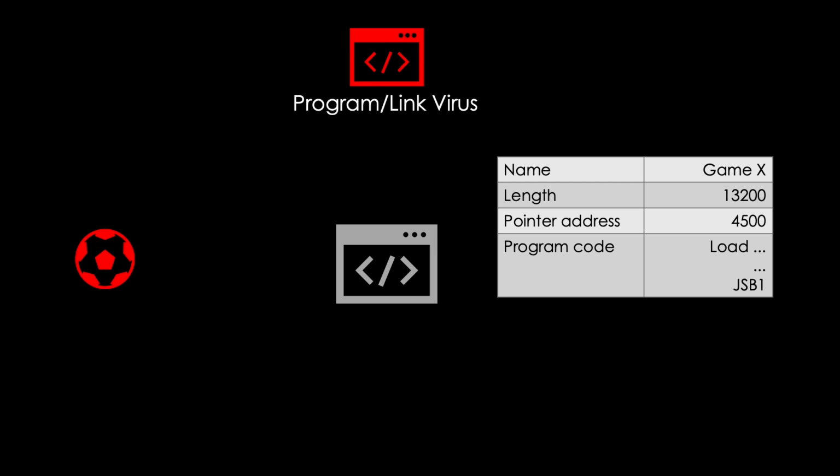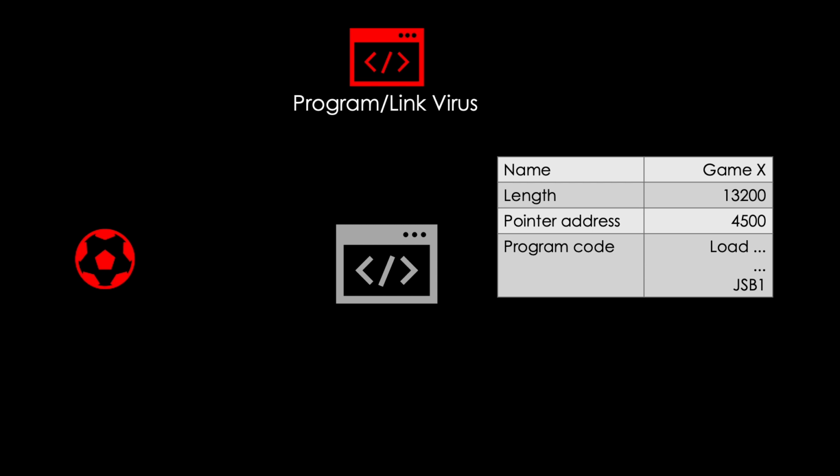First, let's talk about program or link viruses. Here on the right, you see how a normal program works. You have some kind of name and you have some kind of length, like a byte size. And when you start a program, there is a pointer, which upon startup tells the program where to jump to, where the program starts.